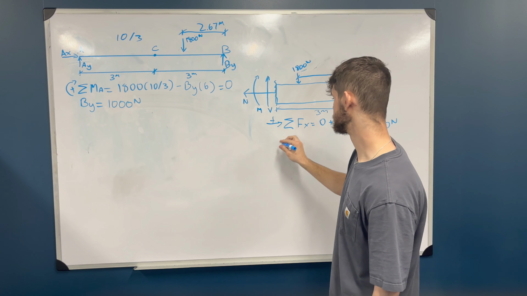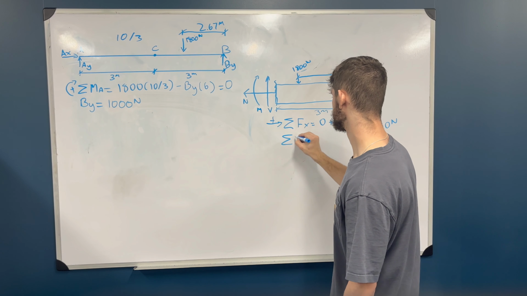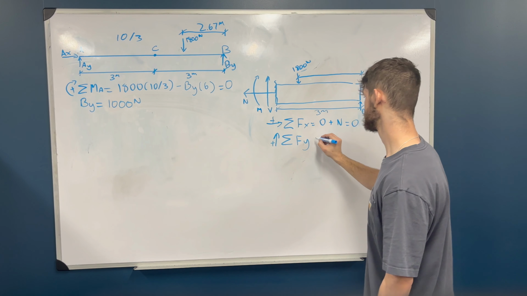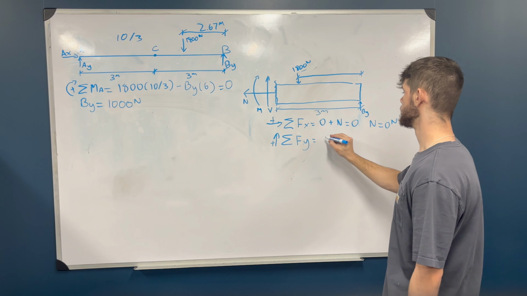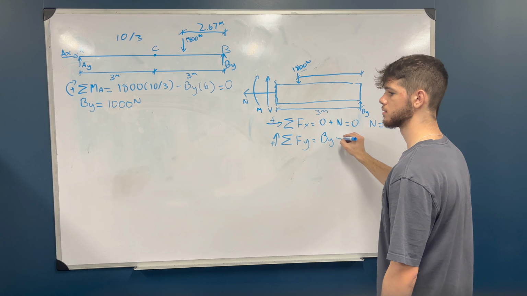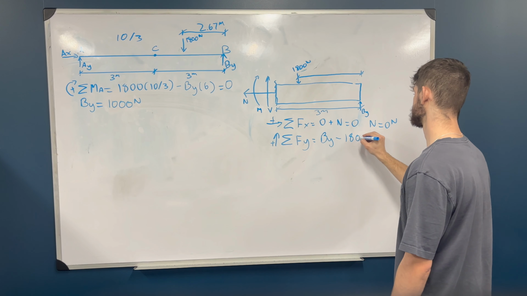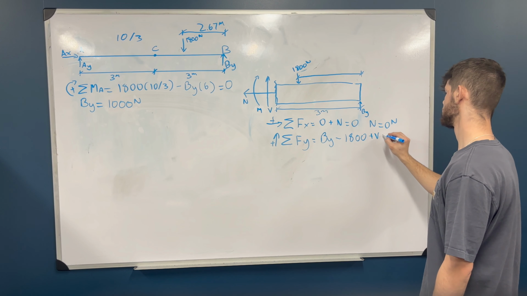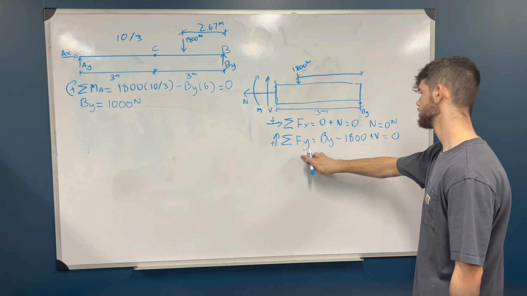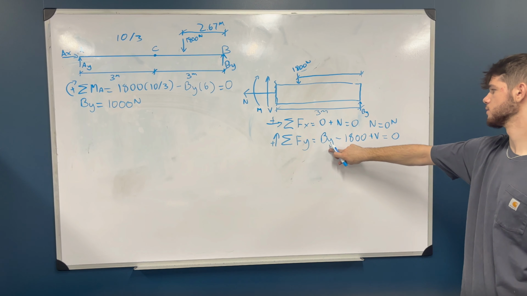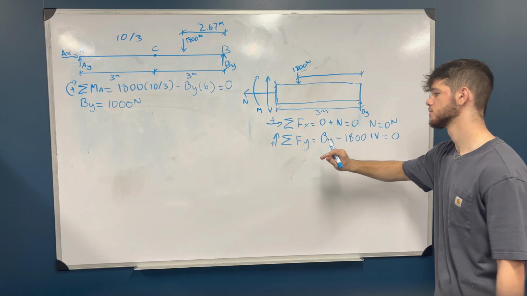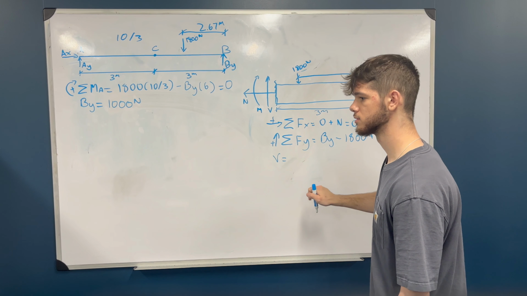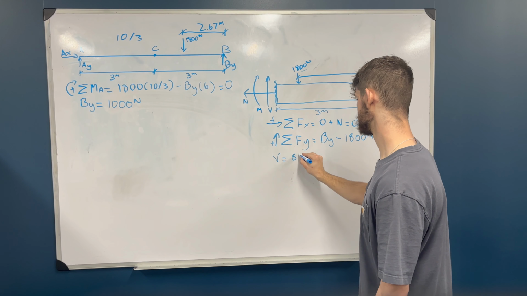Next, the shear force: sum of forces in Y, with positive shear, equals 0. We know that By equals 1,000 Newtons, so V equals 800 Newtons.